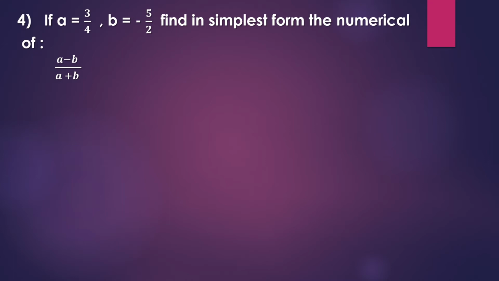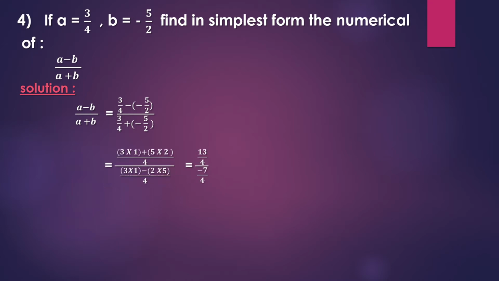A minus b over a plus b will equal 3 over 4 minus negative 5 over 2 over 3 over 4 plus negative 5 over 2, which is equal to... To get the result of the numerator first and the result of the denominator after that.